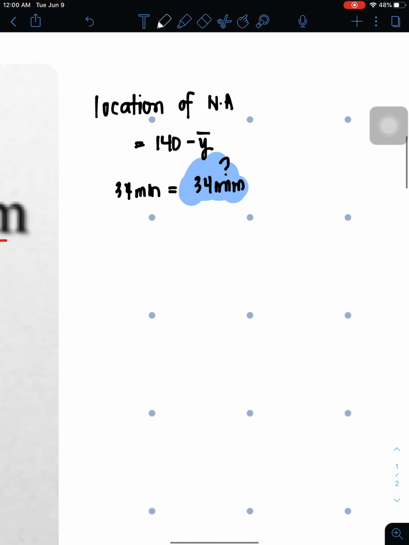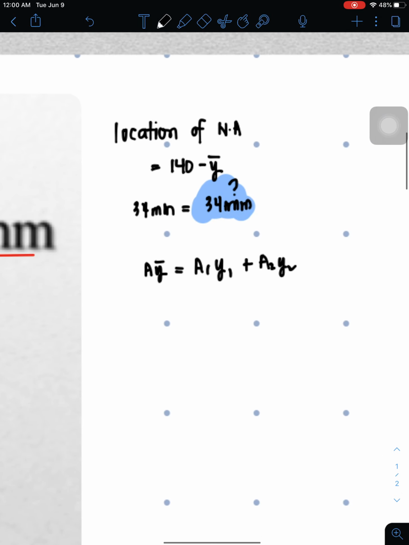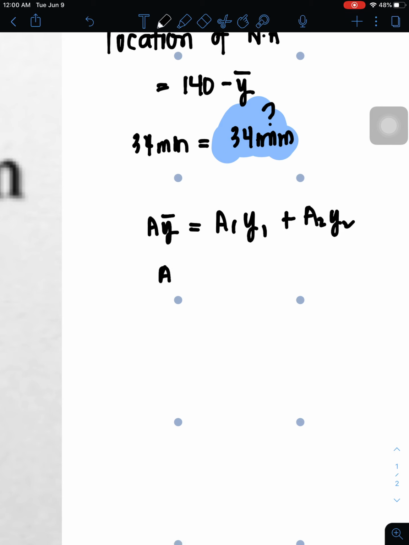So first, in order for us to be able to get the barred Y, we need Varignon's theorem. The total area times barred Y is equal to area 1 times Y1 plus area 2 times Y2. Of course, we're adding the two sections.